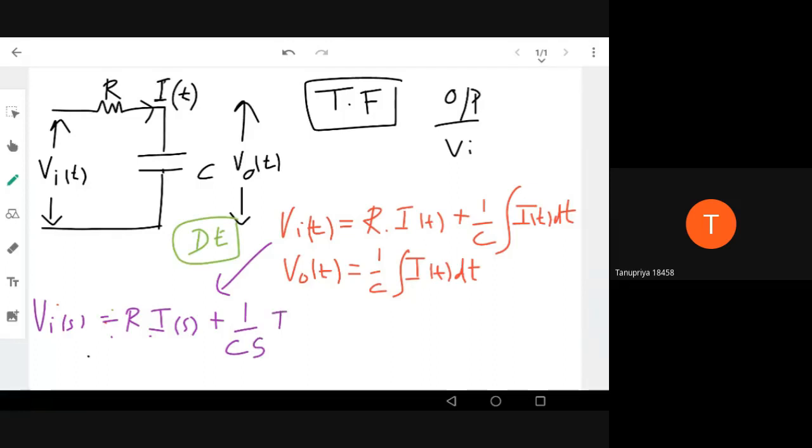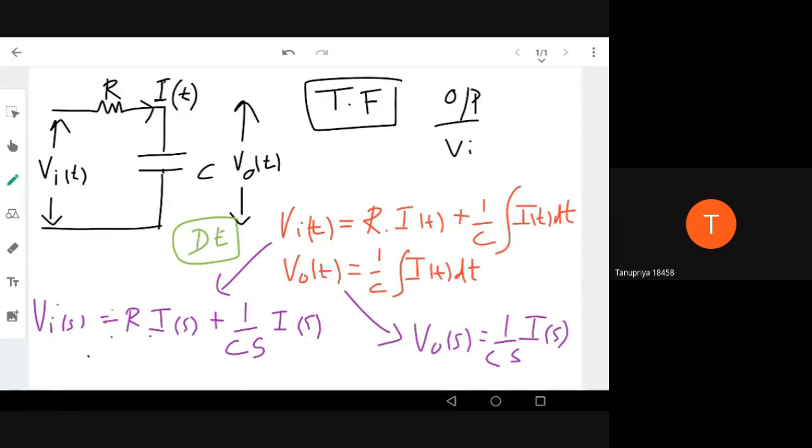And for the output, the second equation is V_o(s) equals 1 by Cs I(s).